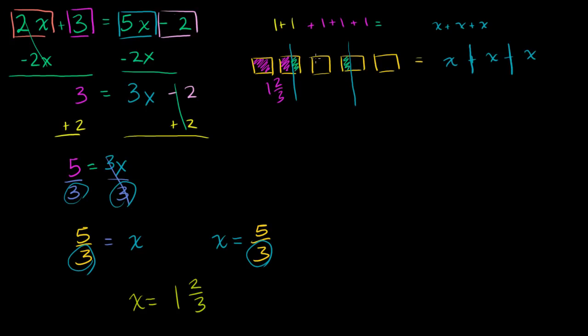So that's 2/3. And then that's 1 right there. So that's 1 2/3. And then finally, this is 2/3, and this is 1, so this is 1 2/3. So when you divide both sides by 3, you get 1 2/3. Each section, each bucket is 1 2/3 on the left-hand side, or 5/3. And on the right-hand side, we just have an x. So it still works. A little bit harder to visualize with fractions.